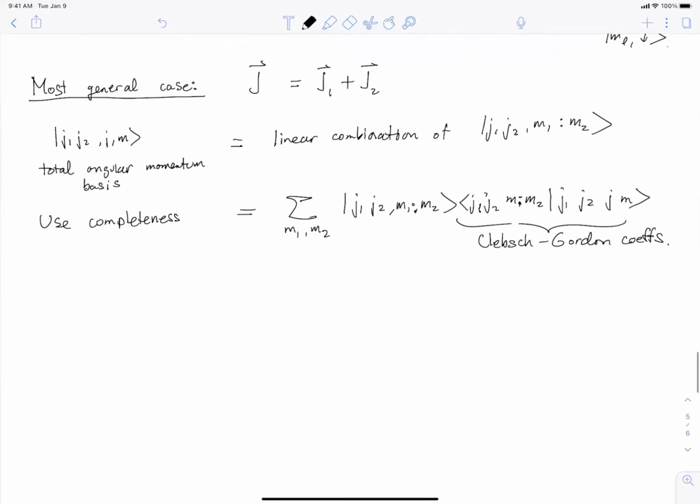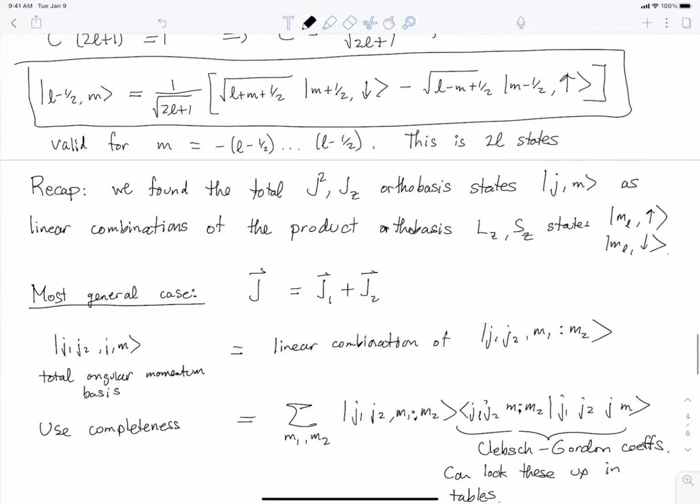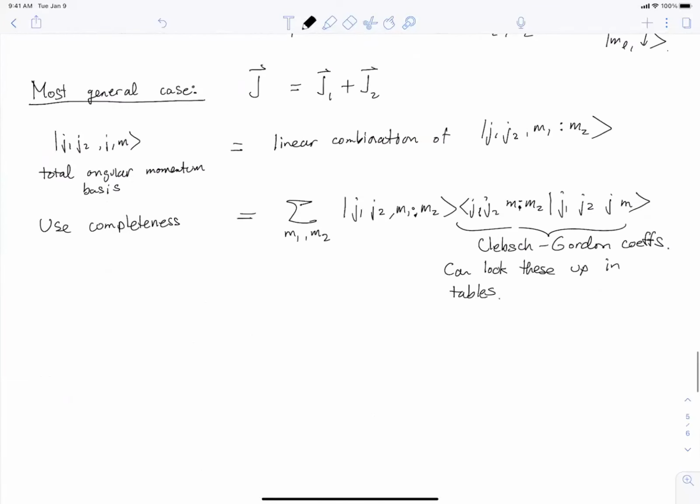Okay, and you can look these up in tables. Or there's even software that will compute them for you if you can't find a table with these values in them. But we have, in fact, done this for the case of the spin and orbital angular momentum basis.